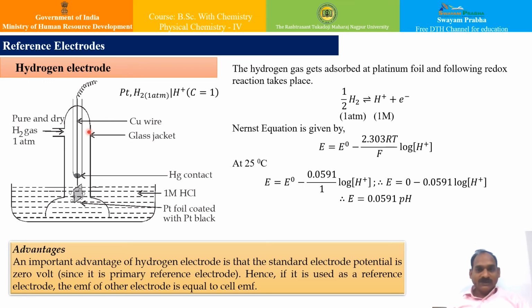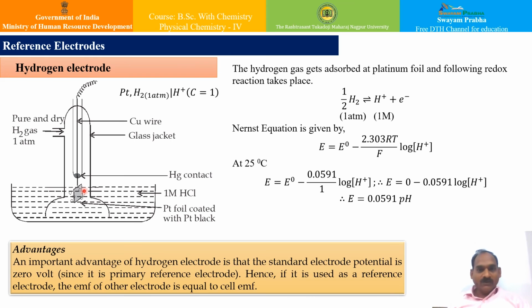A platinum wire is fused through this glass tube, and it is electrically connected to a platinum foil at the bottom of the tube. This attached platinum foil is coated with platinum black, and it is immersed in 1 molar hydrochloric acid solution.